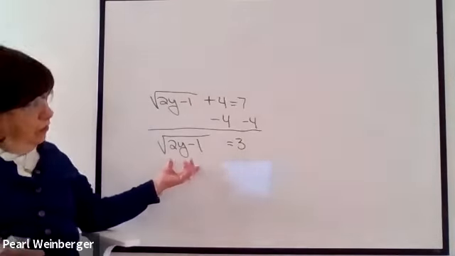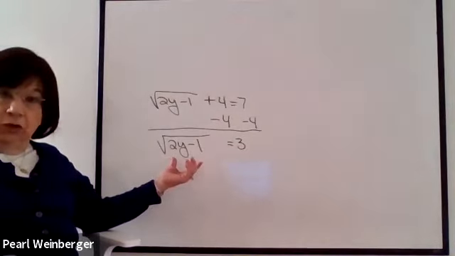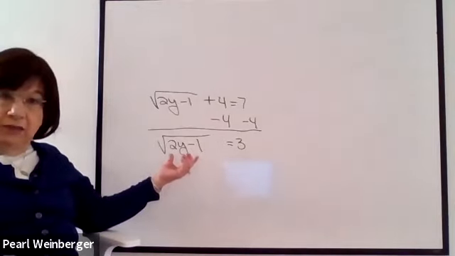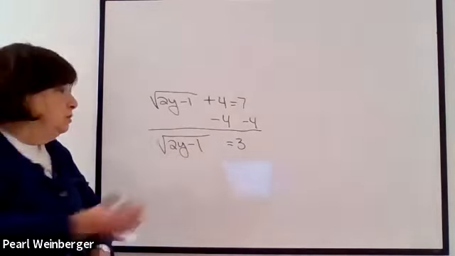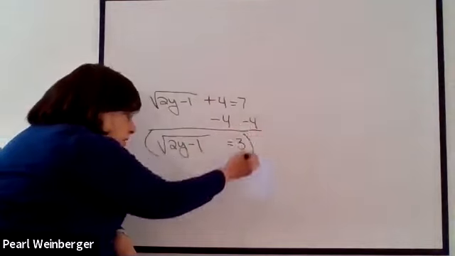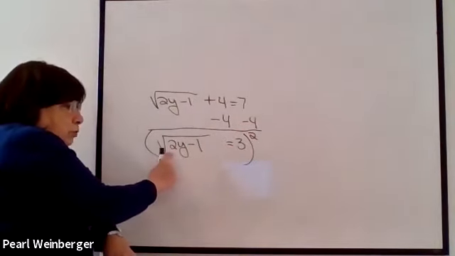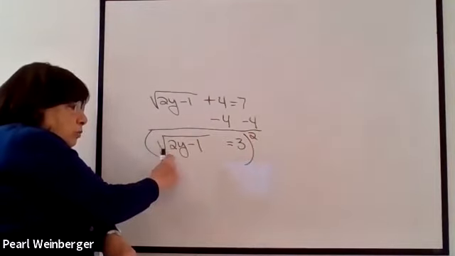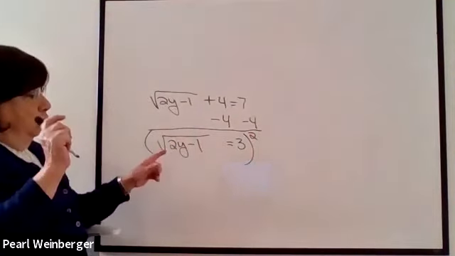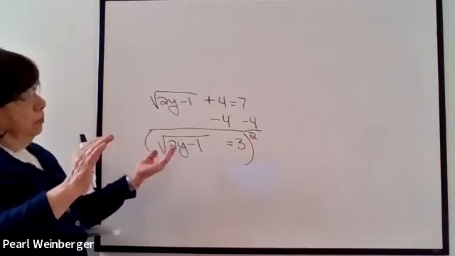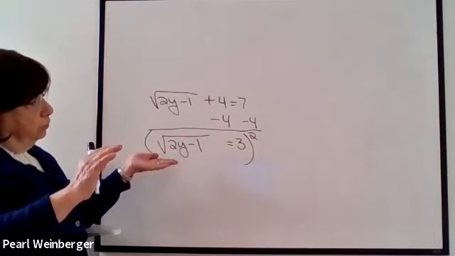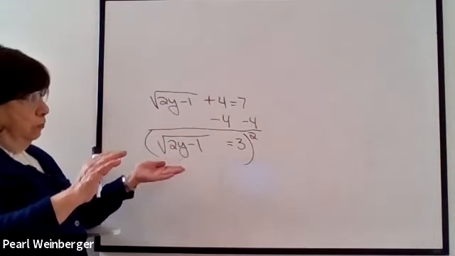We want to get rid of the radical, so we're going to multiply both sides by itself. We're going to square both sides. Now the question is, what happens when we square the square root of 2y minus 1? What happens when I multiply the square root of 2y minus 1 times the square root of 2y minus 1?